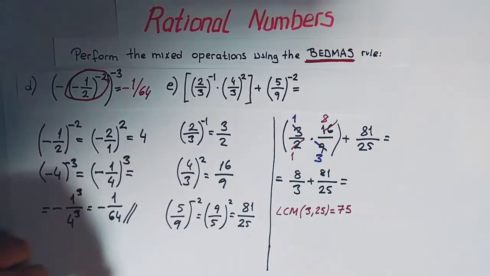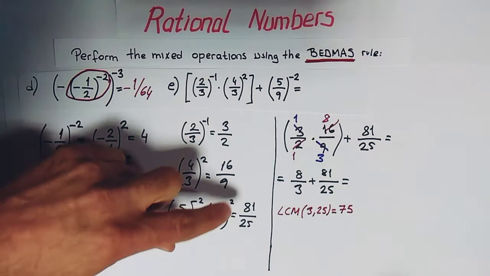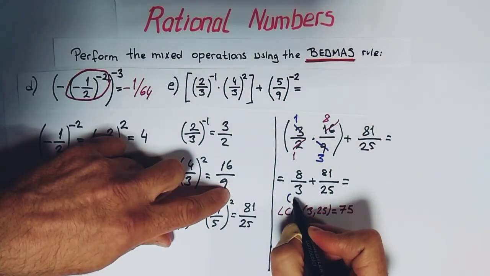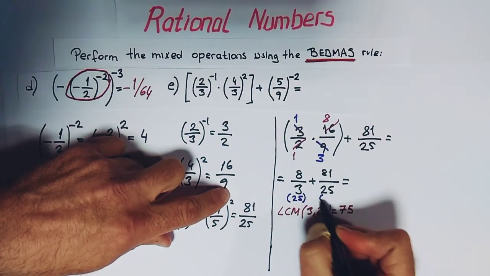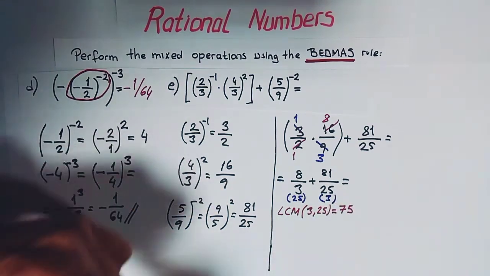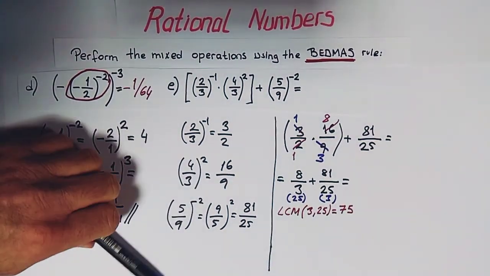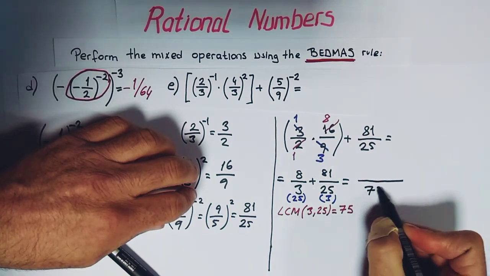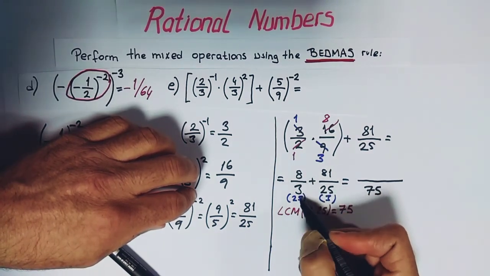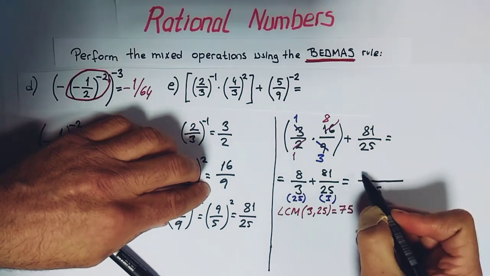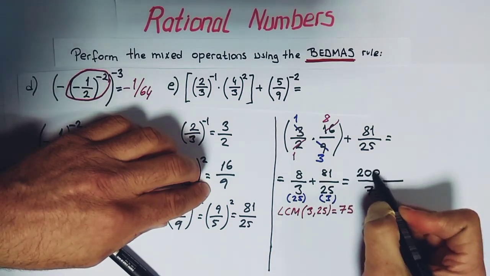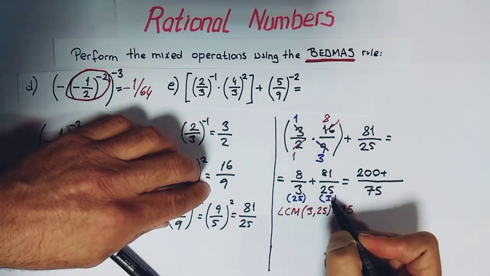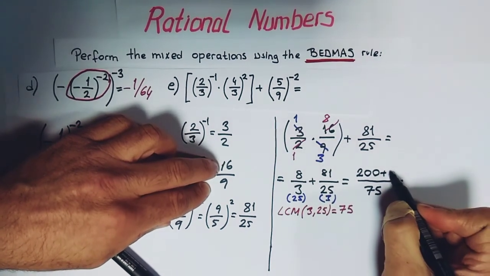It means we should multiply first rational number by 25 and the second one by 3. If we continue, we will have equal denominator 75, and here we have 25 times 8, which is 200, plus 3 times 81, which is 243.